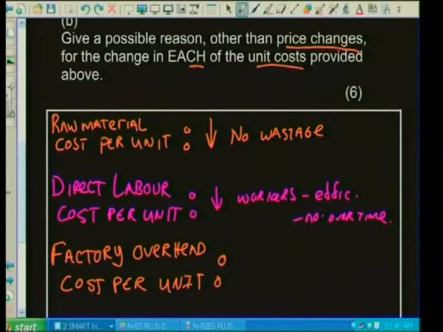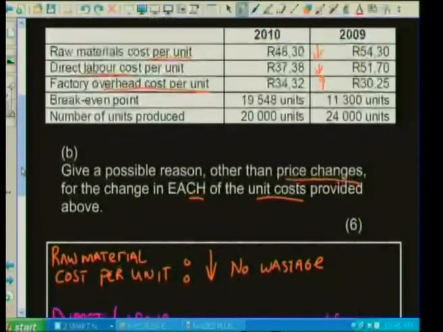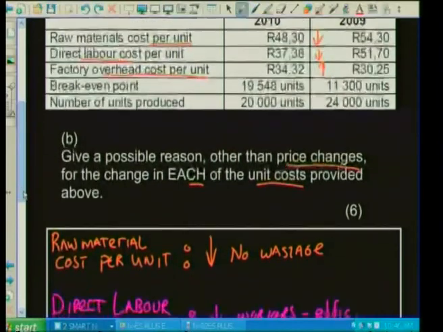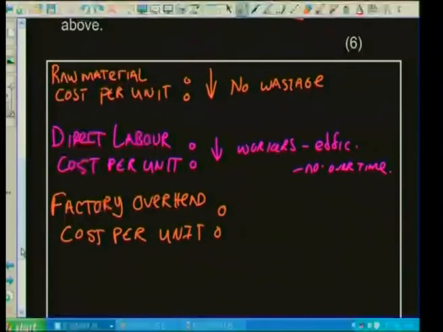Okay, right, let's now look at the final unit cost, which is my factory overhead costs per unit. Again, people, if I inspect 2009, 2010, there's obviously been an increase in my factory overhead costs per unit. One of the reasons why this could have increased, remember, you had water and electricity that formed part of your factory overhead cost.